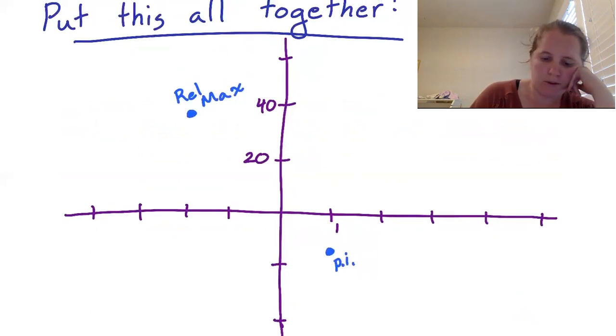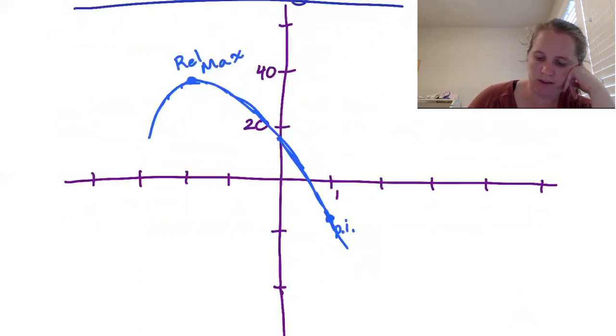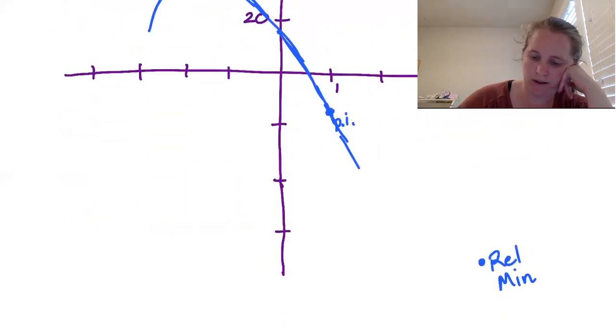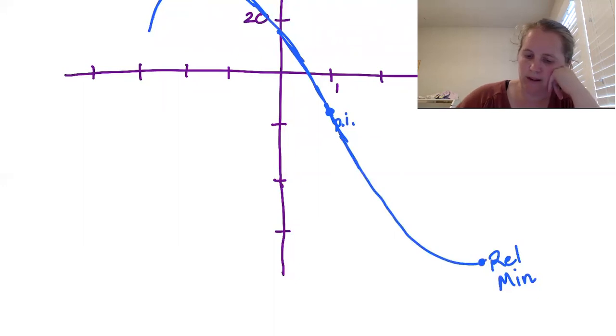So we know that we're starting off something like this. It's staying concave down until we cross through our point of inflection, at which point we switch to concave up. And then we have our min here.